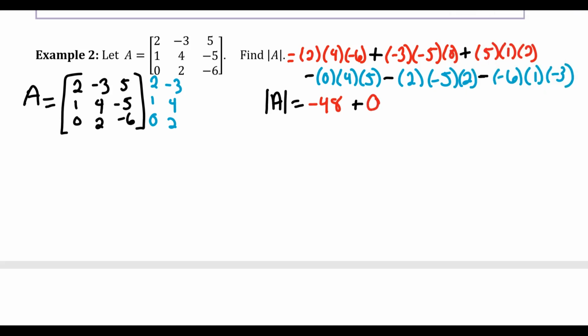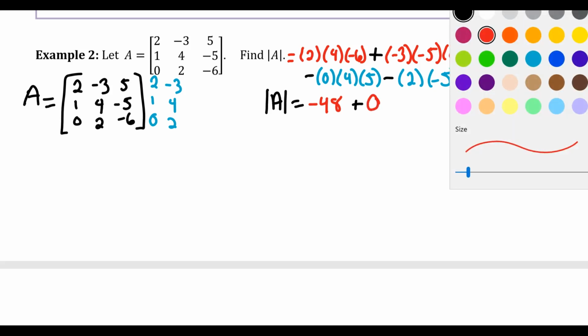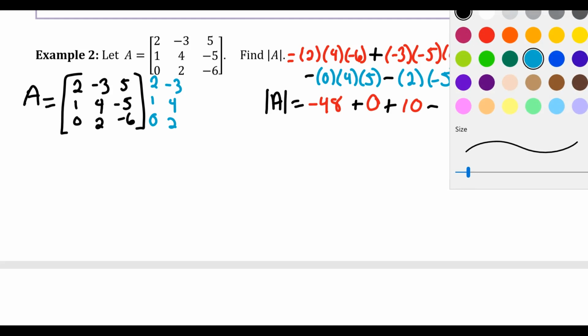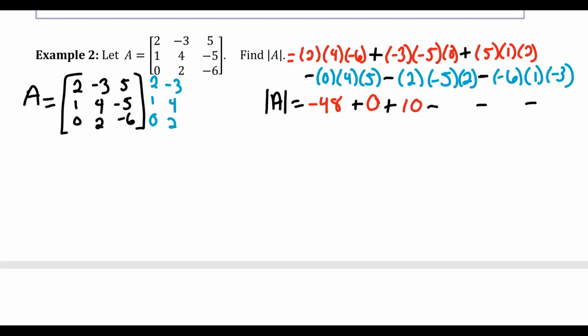We like it when there's zeros in there. Plus, 5 times 1 is 5, times 2 gives me 10. And then I'm going to go ahead and put my 3 minus signs in here so that I don't have to keep covering them up with the colors.